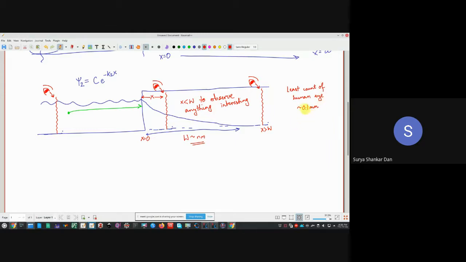The smallest thing which you can see, a speck of dust, is in this order. So what is this order equivalent to? कितना होगा? Exactly, very good, 100 micrometer. और ये क्वांटम फिनोमेना किस ऑर्डर पे हो रहा है? And what is this 100 micrometer?